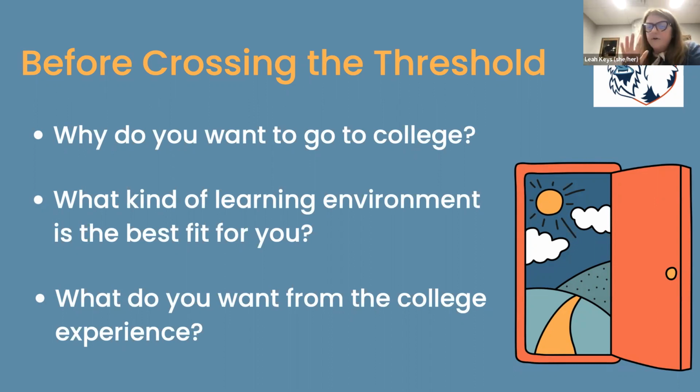So there are lots of different answers that can be identified there. But it's important to be able to know why you want to go. If you are not super confident about answering that question today, that's okay. Just write what you can or say what you can, talk about what you can. And you can revisit these questions too, as you go through this process.